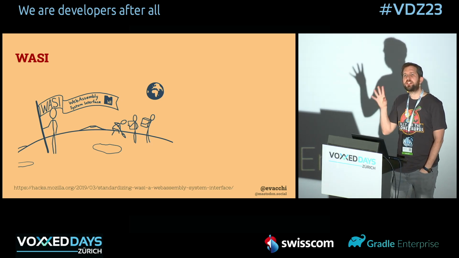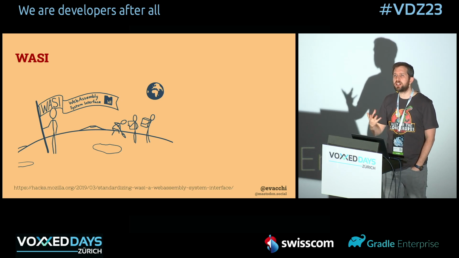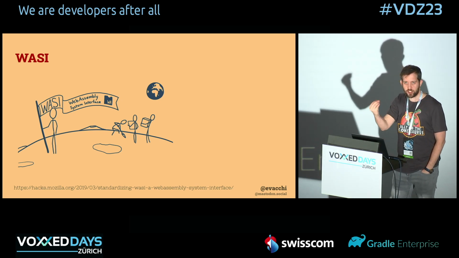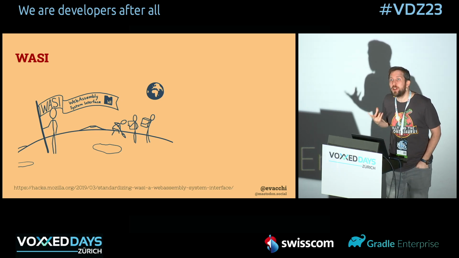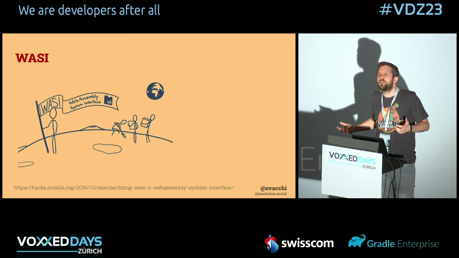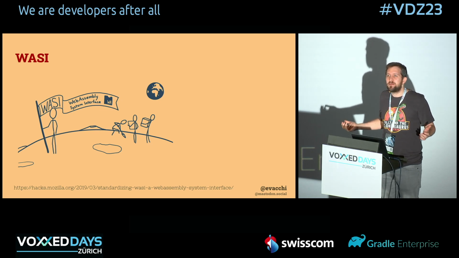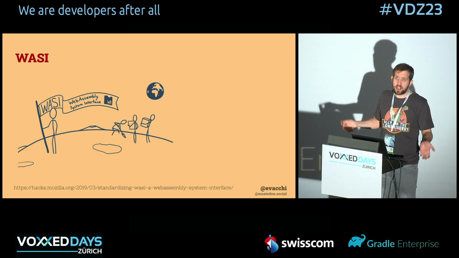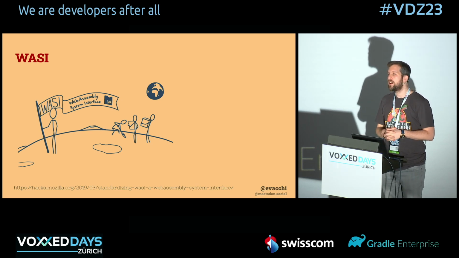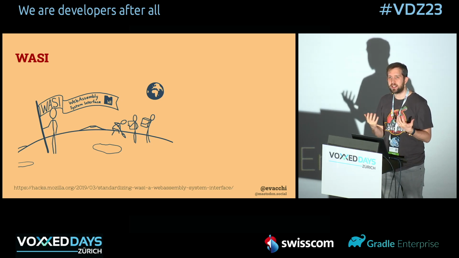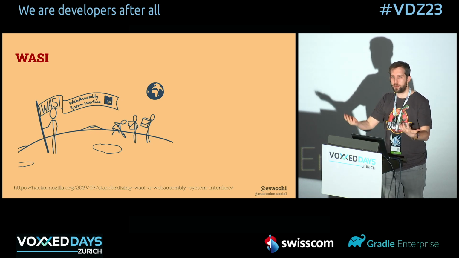The WebAssembly specification only describes a VM, so the instructions. But what about libraries? What about doing stuff? I don't want to just do sums and multiplications and cool vectorized operations. That's cool, of course. It's fast. But I don't want to just do math. I want to do stuff. I want to interact with an operating system.